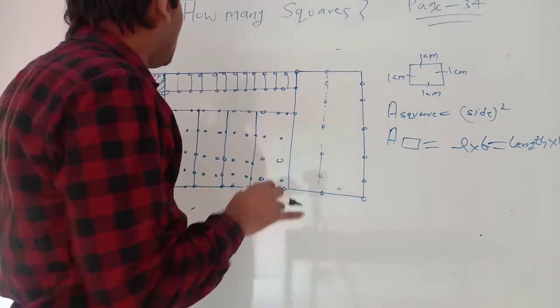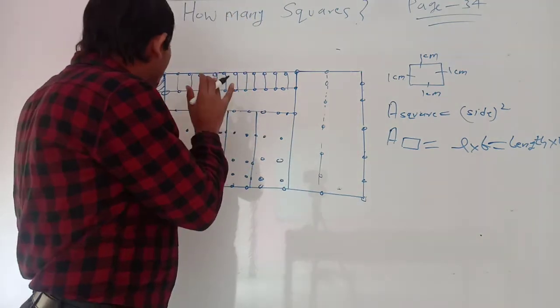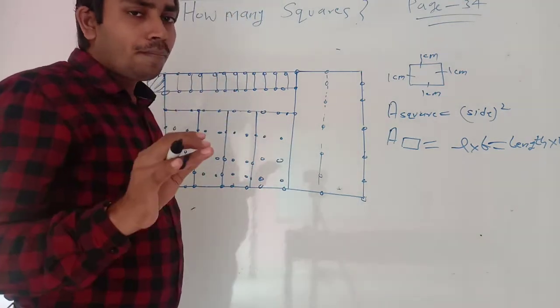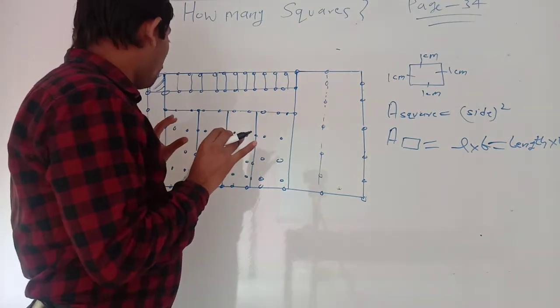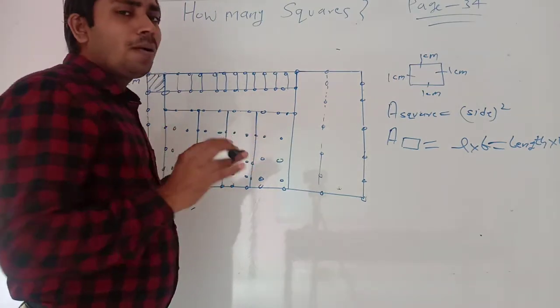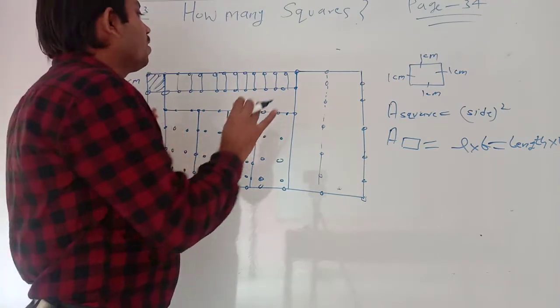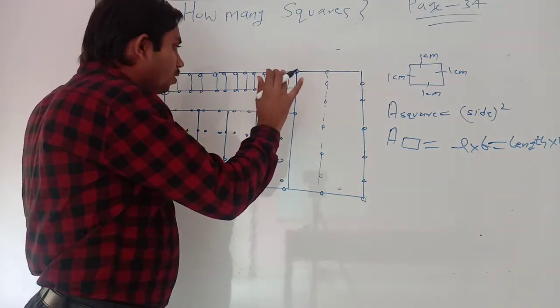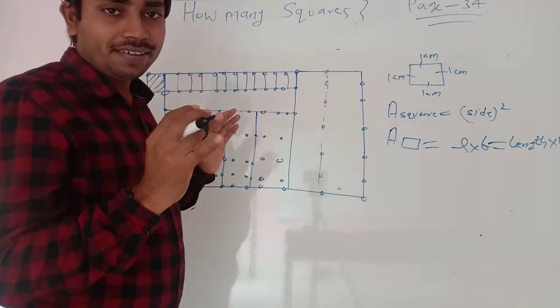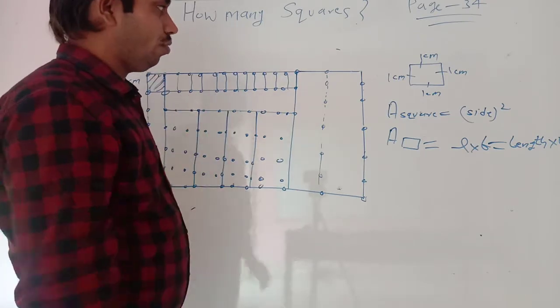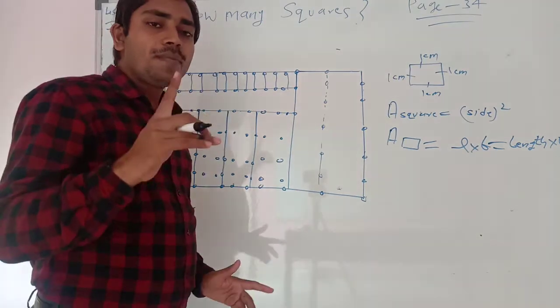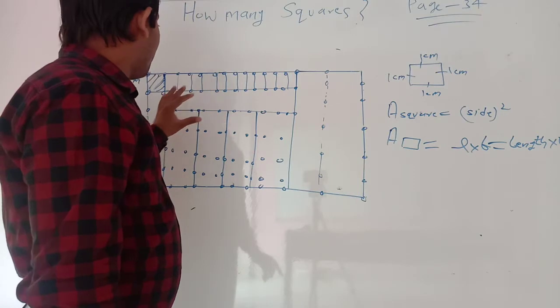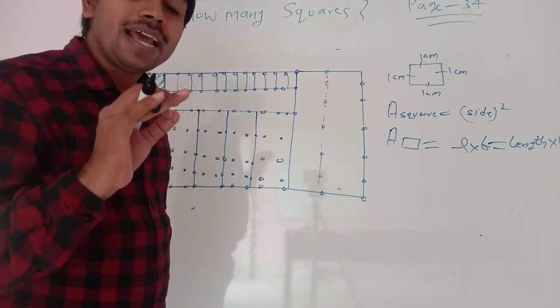So here I try to make the same square everywhere, but there is some problem. It is not made properly, but we have to consider this an approximate figure for the rectangle and square, my dear student. So keep in mind, every square is the same, equal in length and area.